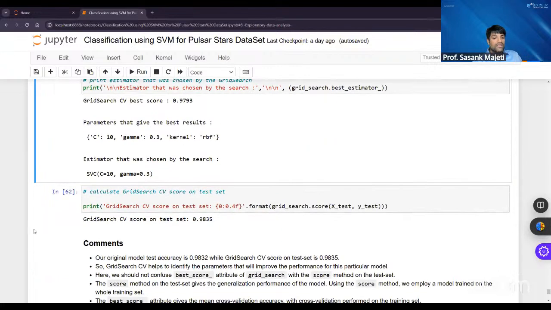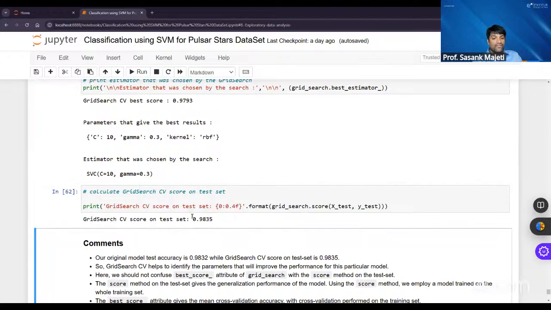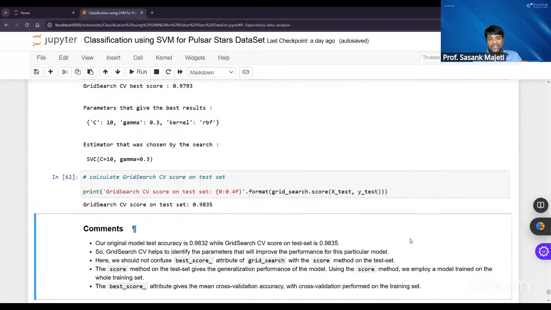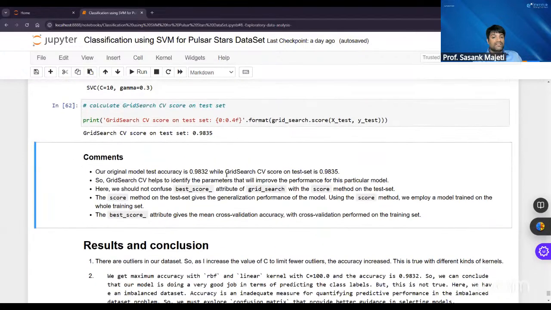Now, using the grid search for the testing score, I have got an accuracy of around 98.35%. Now the magic lies in how this grid search has actually helped. Many would say that it is a very minor change, not a major improvement, but still you can see some improvement.